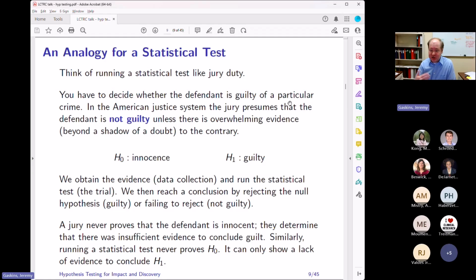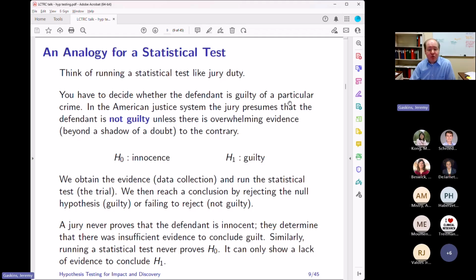We're accumulating evidence to try to change our mind from innocence to guilty. And so we obtain the evidence. That's the analog of our data collection. We run the statistical test, which is the analog of the trial. And then we reach the conclusion either by rejecting the null hypothesis and therefore concluding the alternative, right? We reject the null. The evidence that we saw during the trial tells us it's not possible that this person was innocent. They must be guilty.